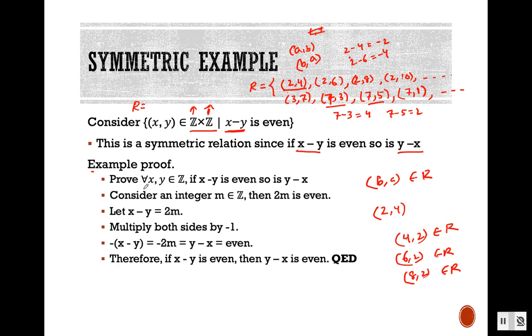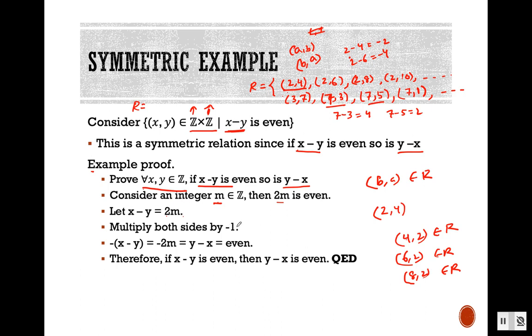So for example, we want to prove that for all x, y belonging to the set of integers, if x minus y is even, then y minus x will also be even. Let's consider another integer m belonging to Z. Then 2m will always be even because it's divisible by 2. Now let x minus y equal 2m.